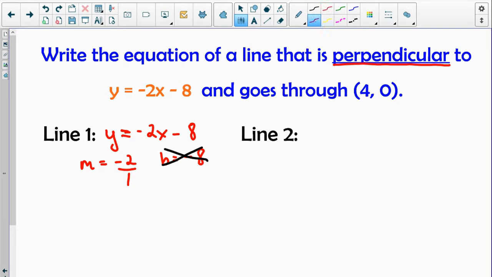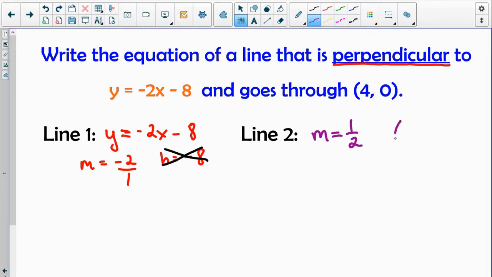Because in our other line that we're trying to write, it has to be perpendicular to line 1, so the slopes must be opposite reciprocals. Since line 1's slope was already a negative number, line 2's slope is going to be a positive number. And we just have to flip the fraction upside down. So instead of a negative 2 over 1, we would get a positive 1 over 2.